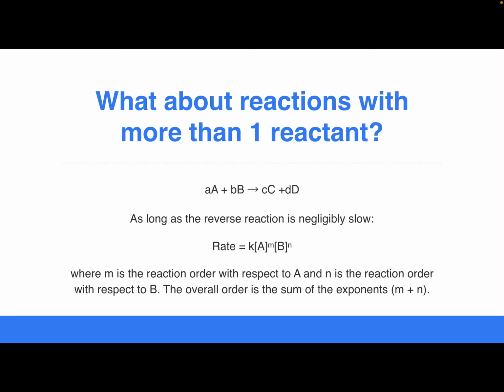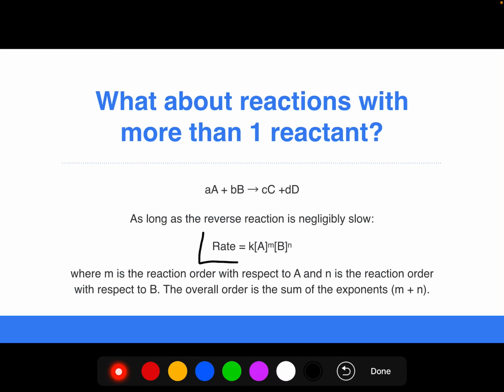Okay, so if you have more than one reactant, this becomes the rate law. And it's the same thing, you're just adding on another reactant. And now the order of the entire reaction is m plus n. It's not just m or n. So with any reaction, you can have the order with respect to one thing, or you can have the overall order of the reaction.